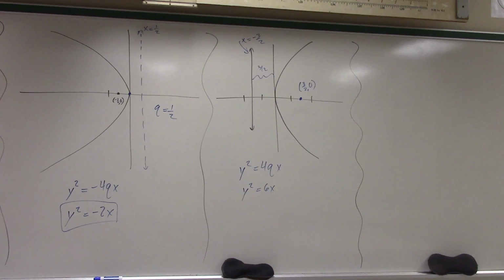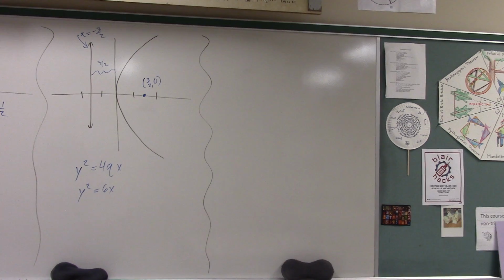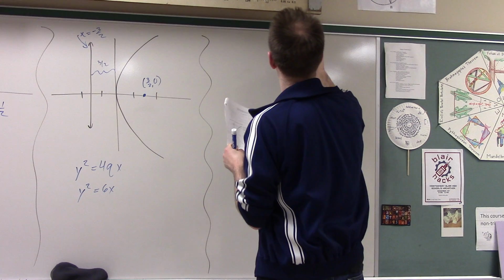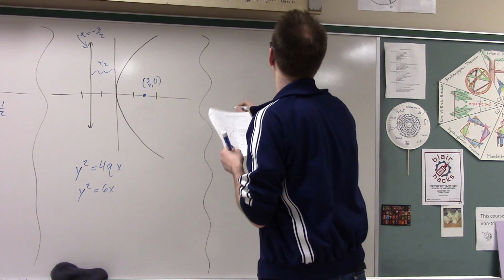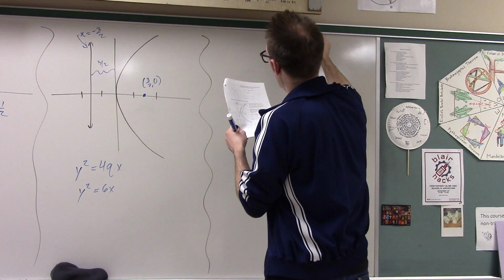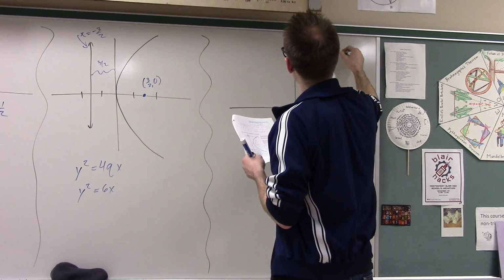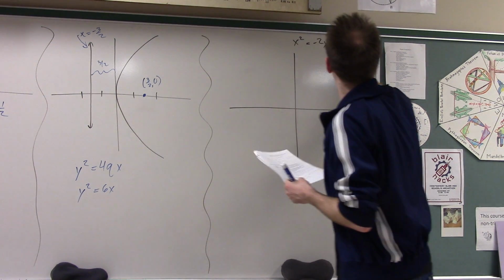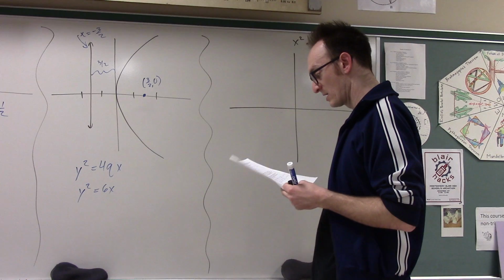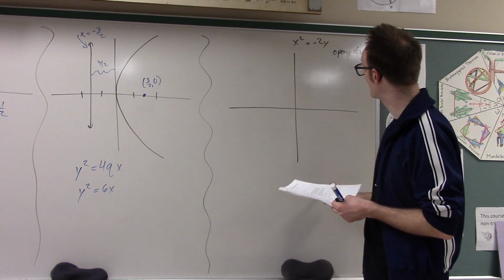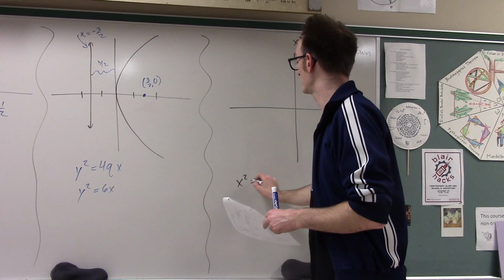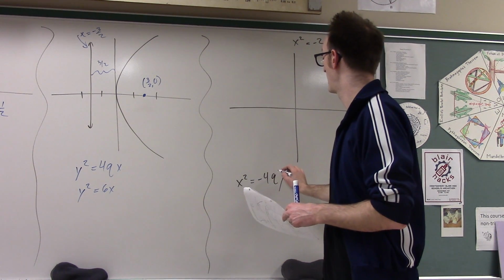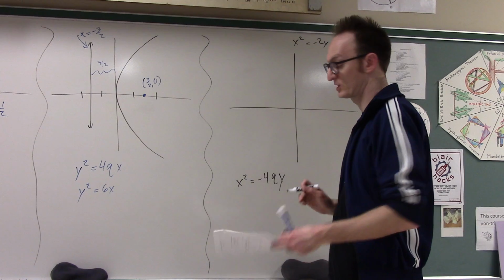Okay, and finally, last one. I didn't draw yet. Here we go. We have a parabola, and we're given the equation x squared equals negative 2y. So this is opening down, and if this opens down, then it must be in the form x squared equals negative 4qy, and so in this case q is a half.